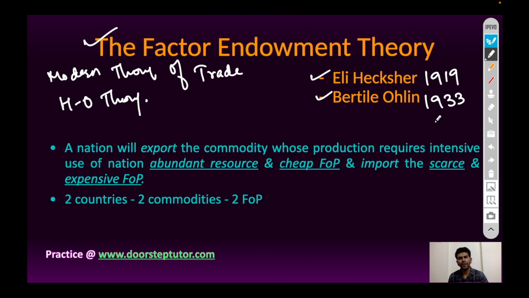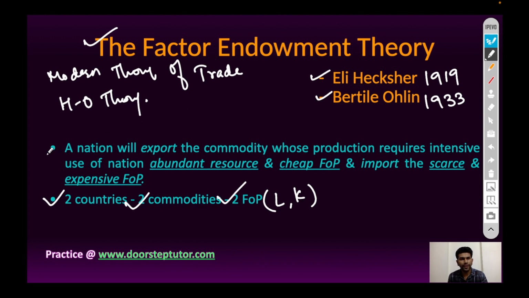Previously, all other theories such as mercantilism, absolute advantage theory, and comparative cost advantage theory covered only two countries and two commodities, but only one factor of production, that is labor. But they have not considered other factors of production. So, this theory has covered two factors of production, labor and capital.